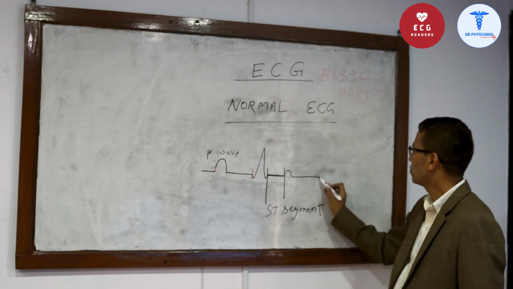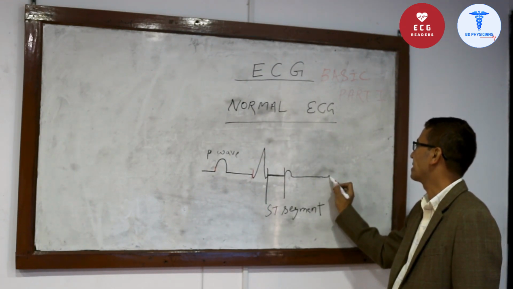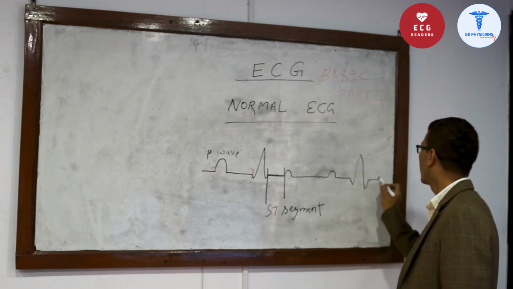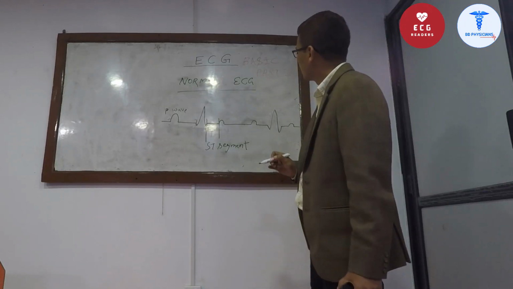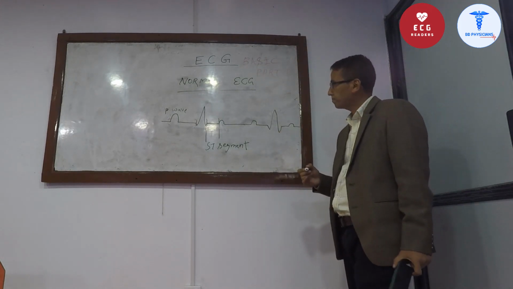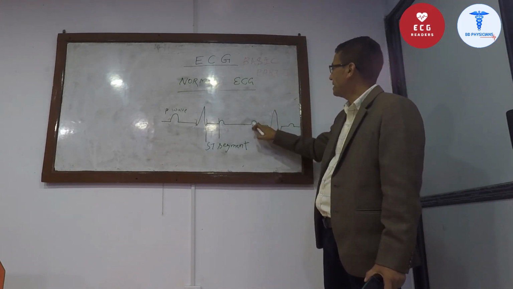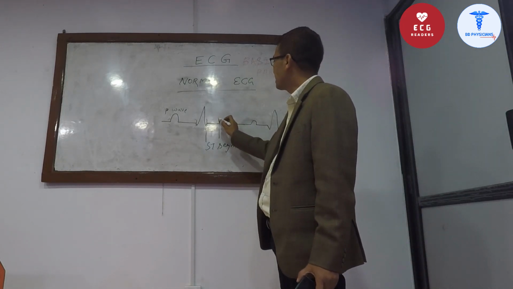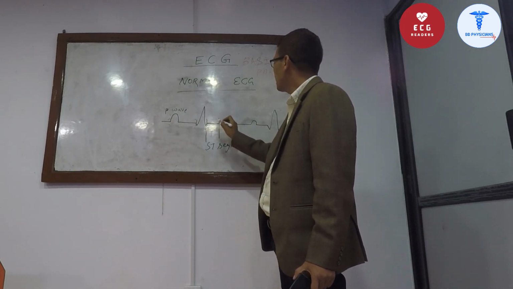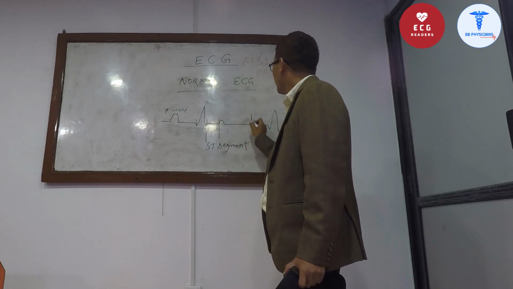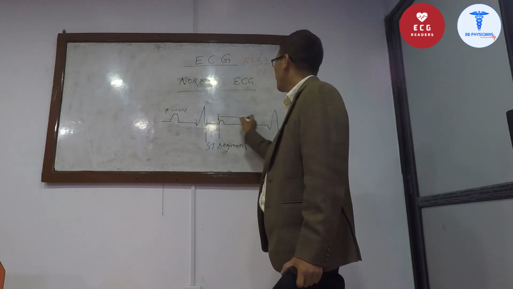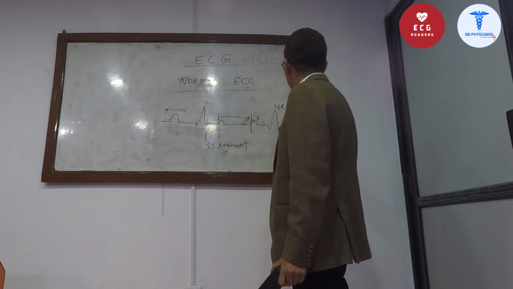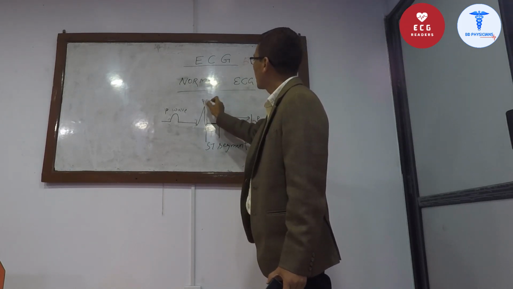Now after that we should know the TP segment. This is another P, QRS and T wave. The TP segment is from the end of the T wave to the beginning of the next P wave.